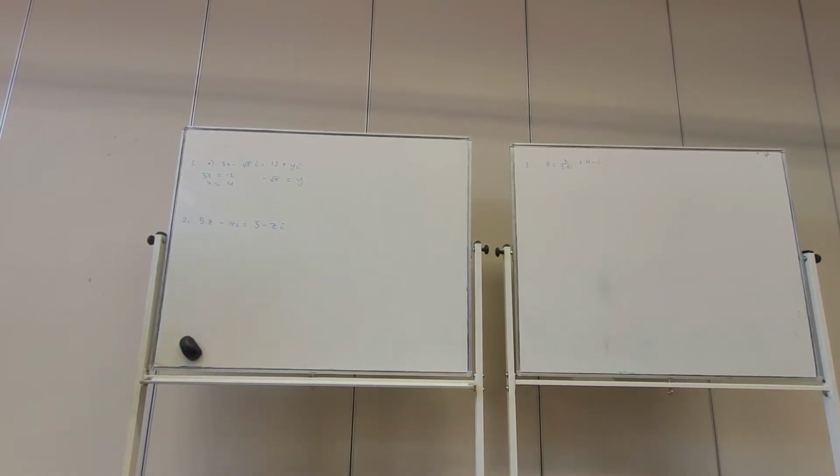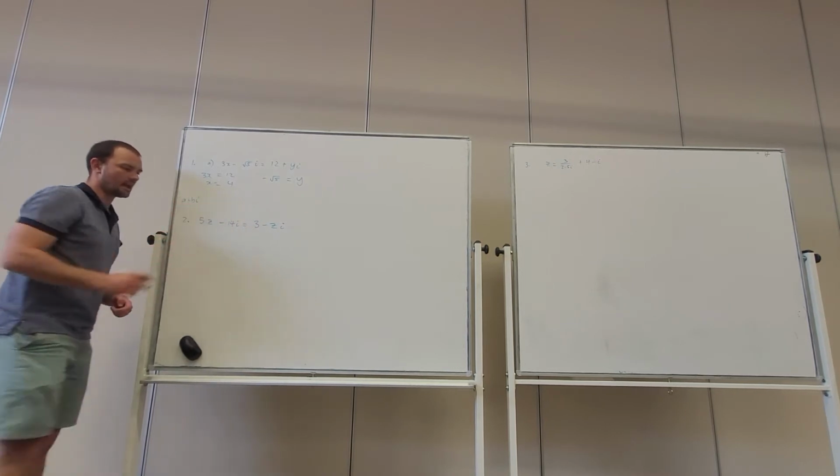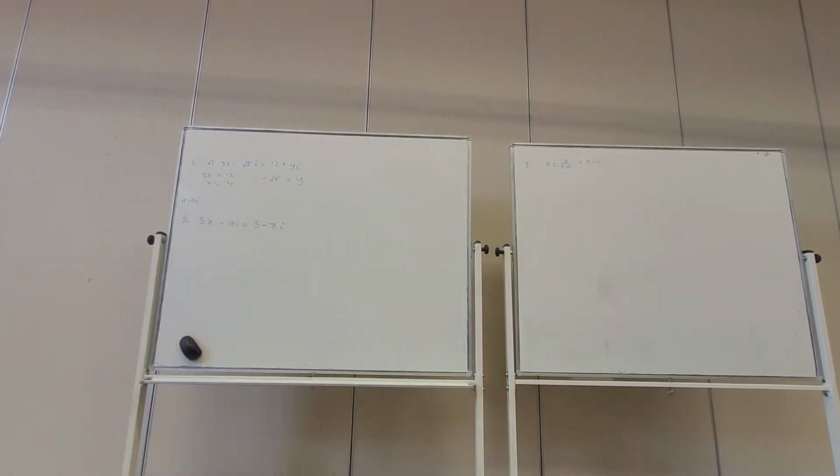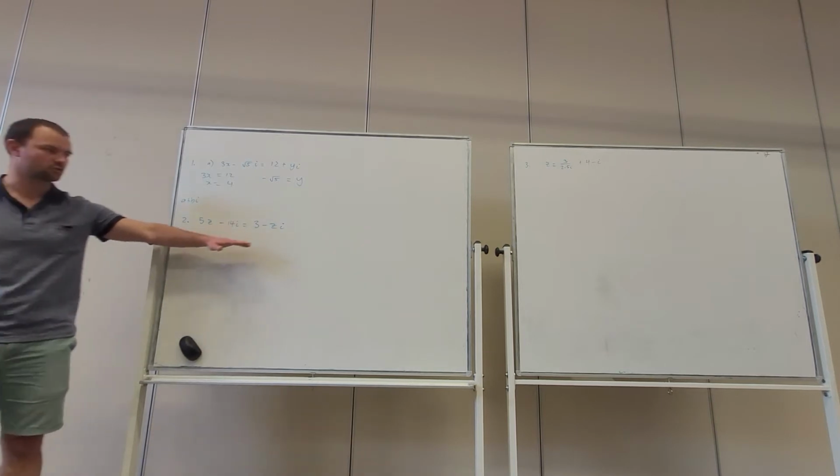Okay, now we're told z is a plus bi, that's a complex number. And they want us to find the complex number a plus bi, given this statement is true.